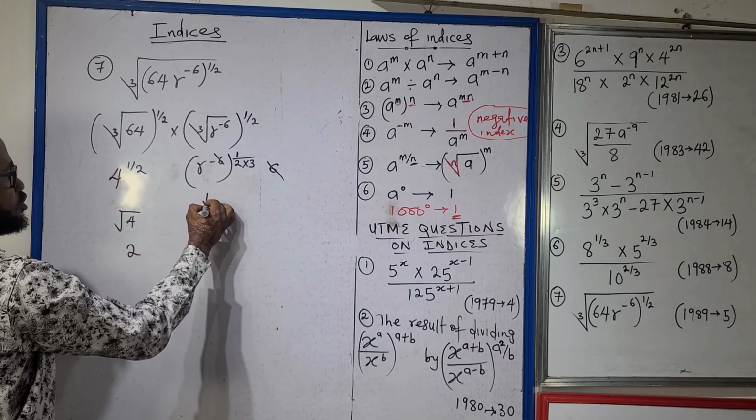This times this, minus 1 times 1 gives minus 1. But x plus 1 all raised to power half times itself, a raised to power half times a raised to power half, I'm going to get a raised to power 1. So I'm going to get x plus 1 here. So this is my answer: minus 1 divided by x plus 1.